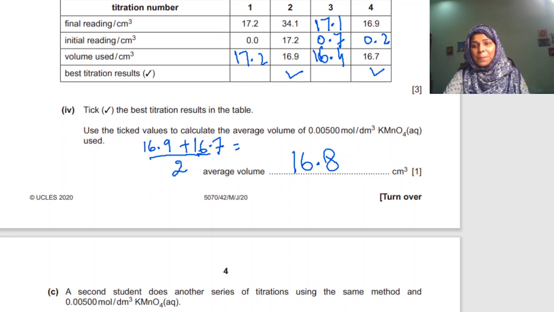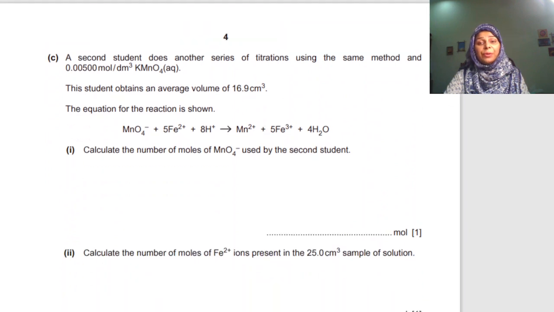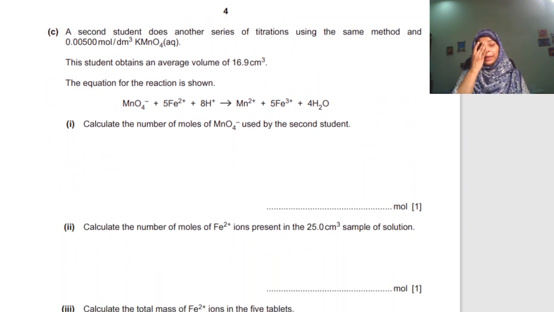Okay, good. A second student does another series of titrations using the same method, and the concentration of KMnO4 is 0.00500 mol per dm³.